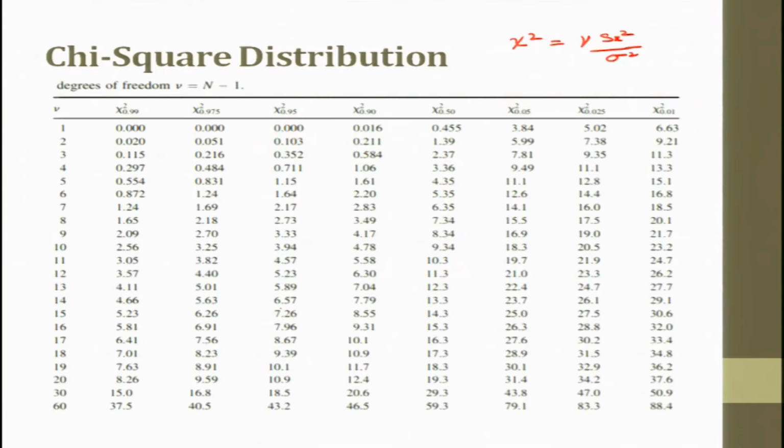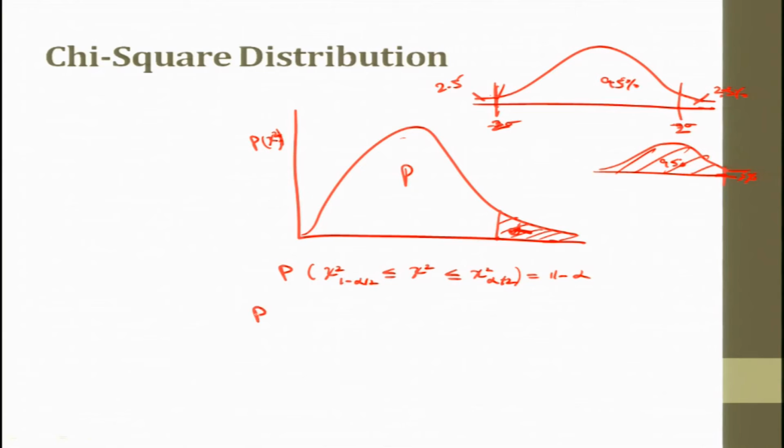So, if I put this relation here and put the value of variance, then I can put this Chi-Square probability for the variance as the ratio of the degrees of freedom into variance for the sample over the Chi-Square value for alpha by 2, and on this side also I can have degrees of freedom into variance of the sample divided by Chi-Square for 1 minus alpha by 2.